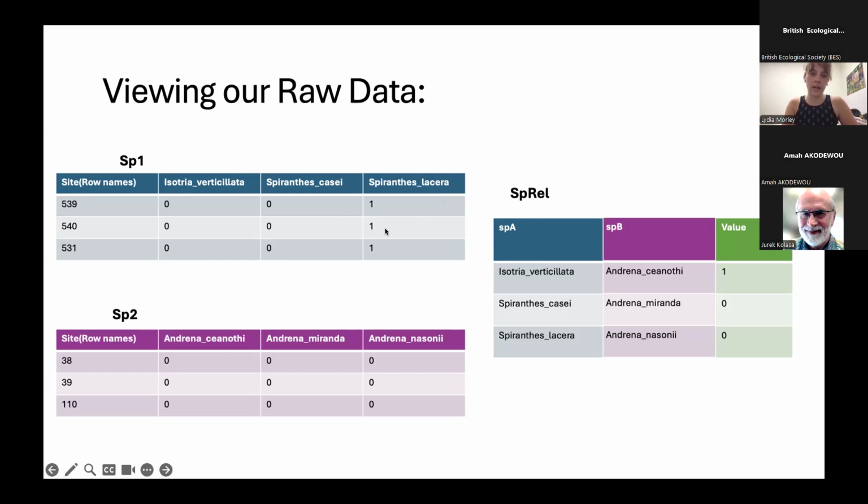So Spiranthes casei and Andrena miranda don't actually interact, and so I just take that out of my initial data frame. The function takes care of that, but I just find that it's easier for when I do my later work with the species relationships that I just have a data frame that only contains rows for orchids and pollinators that do actually have a pollination relationship.